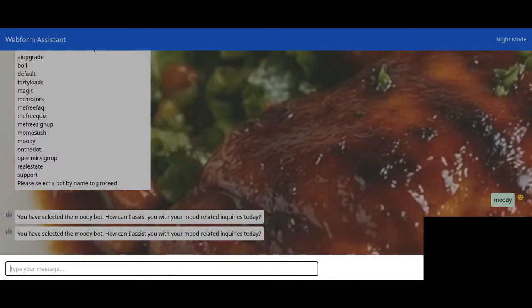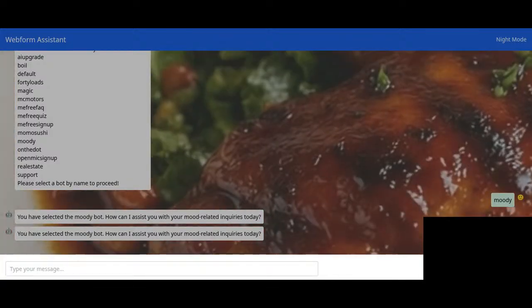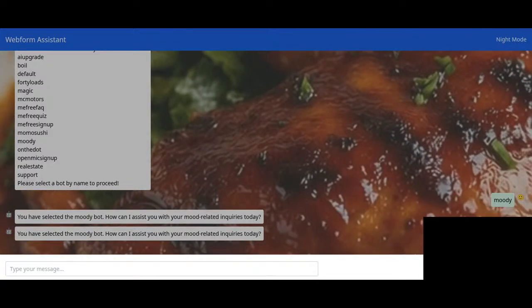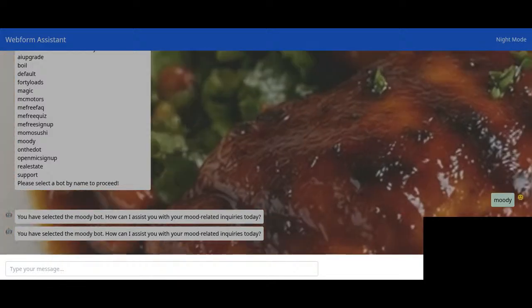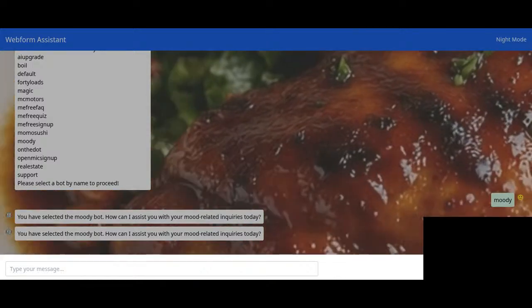So now I'm like, how does this work? I have no idea how I did that. I don't know which file to look in to figure out how I did that.